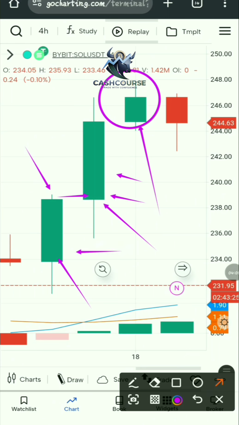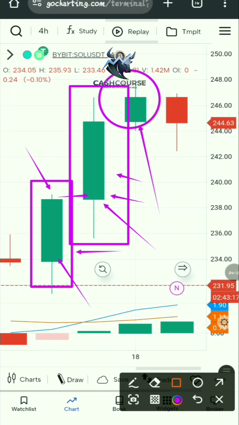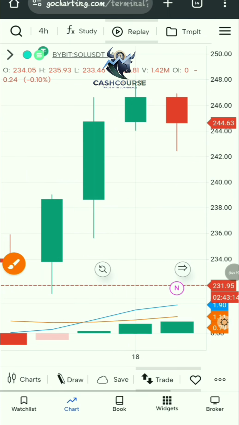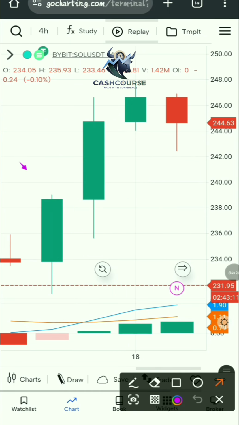So if the previous candle is a green candle like this, and the current candle is also a green candle, and it so happens that the wick of the previous candle, this one right here, is touching the body of the current candle, then that means the future candle is also going to be a bullish candle. So wick to body equals continuation.